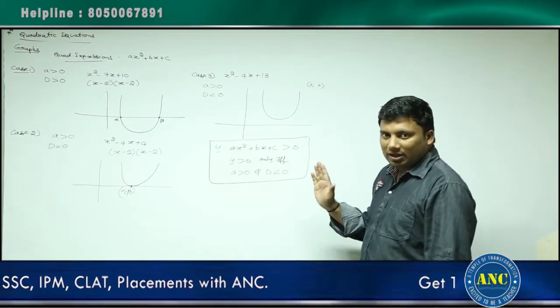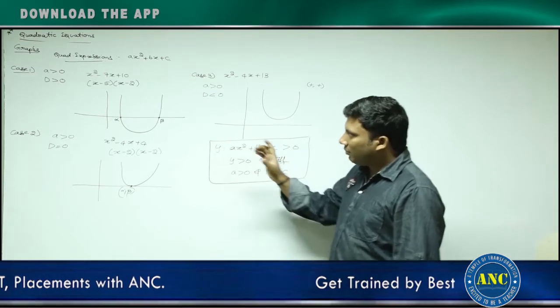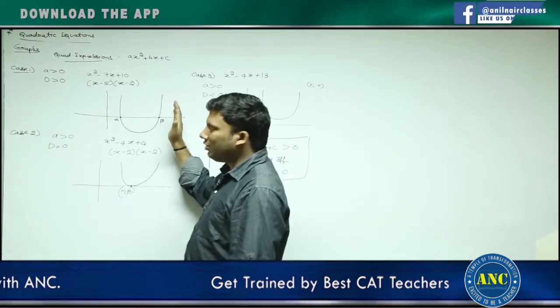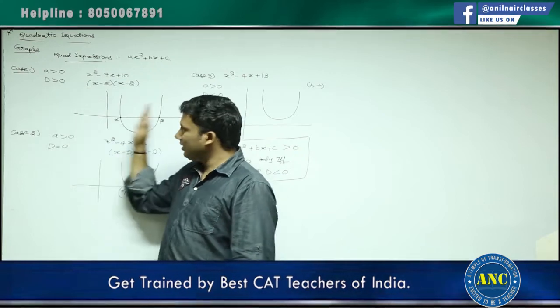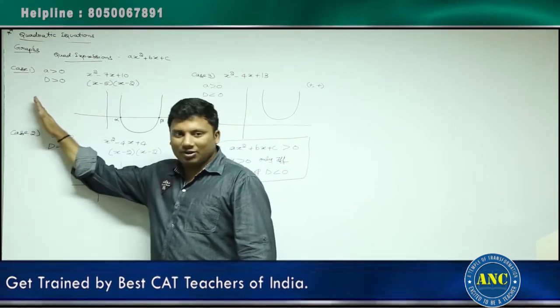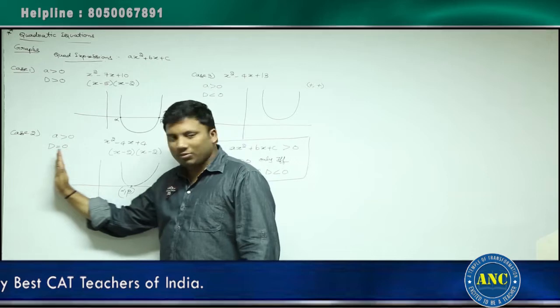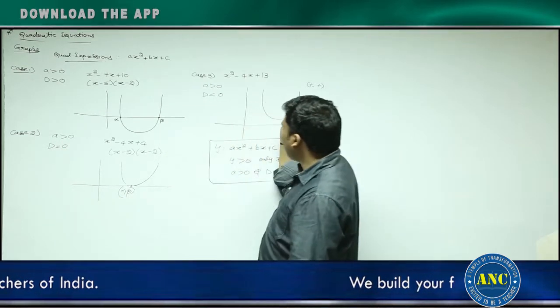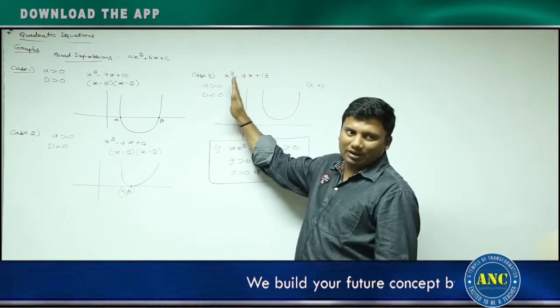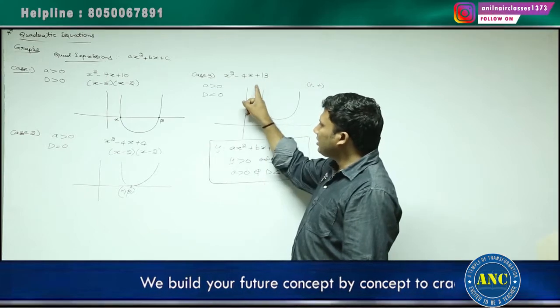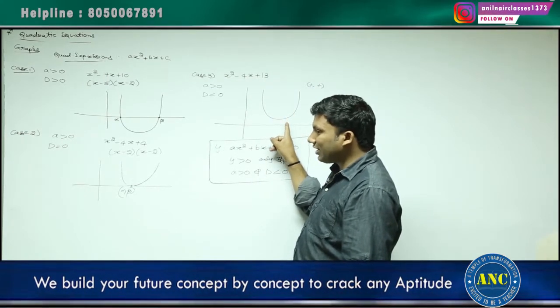Now, please see here. The graph may not be like this. Depending upon the values of x, it can go like this. This can go from here to here. This can also go from here to here, right? And this can also go from here to here, right? D less than 0 means the graph will not touch the axis.